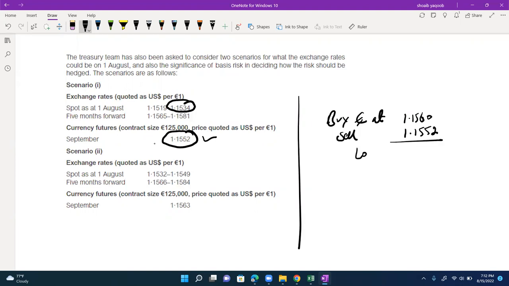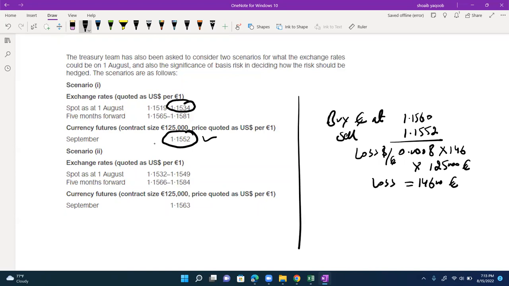Your loss will be 0.0008. This is the loss on one contract. You have a total of 146 contracts, into contract size of 125,000 euros. And this is the loss which you will face.